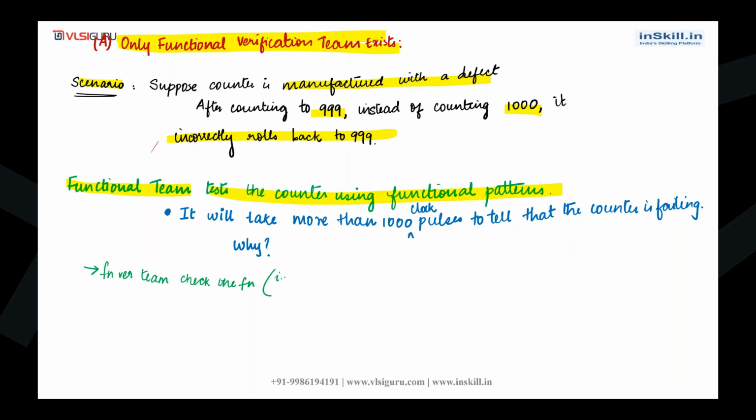The functional verification team checks the functionality, that is, they check if the counter counts from 0 to 1023.